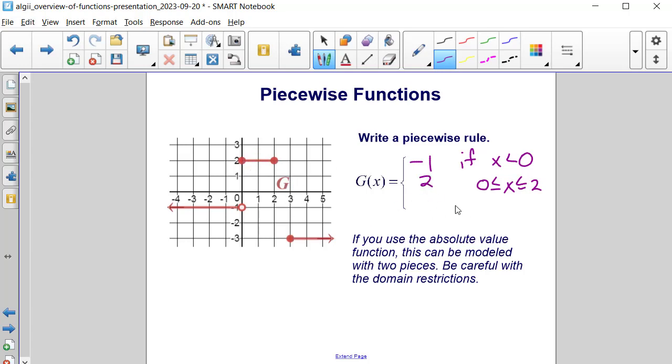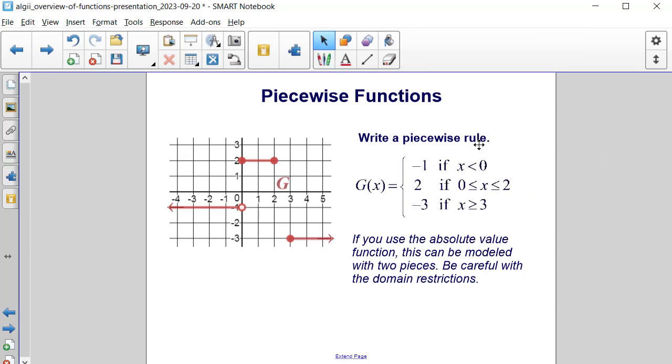Now for the last part, for x values greater than or equal to 3, our function has been assigned to be -3. Notice that there is a gap between this +2 and +3. That is definitely permitted with piecewise functions. So as long as you include the correct inequality symbol for the domain restrictions, you should be okay.